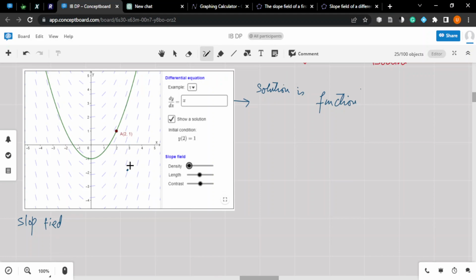We have to move according to these slope lines like this, right? So this way this would be our curve. So our solution would be different depending on the initial condition.